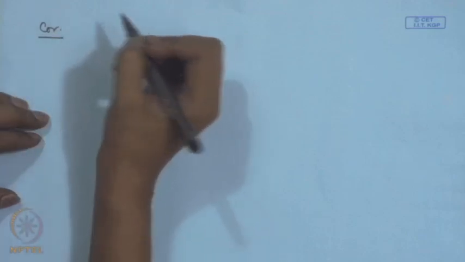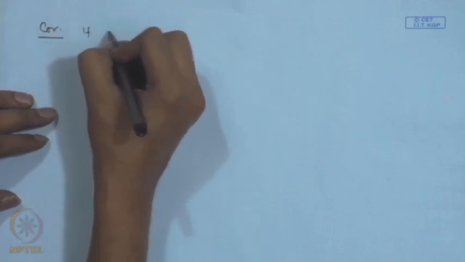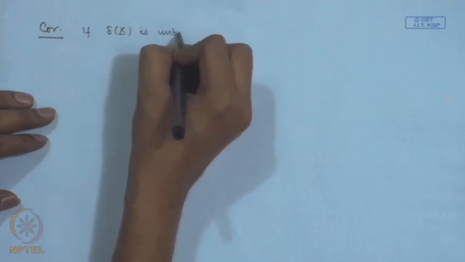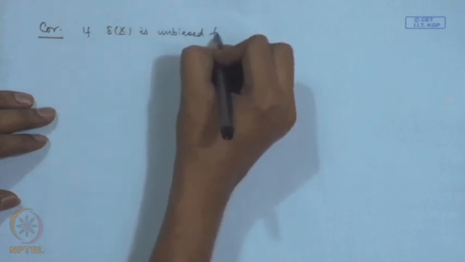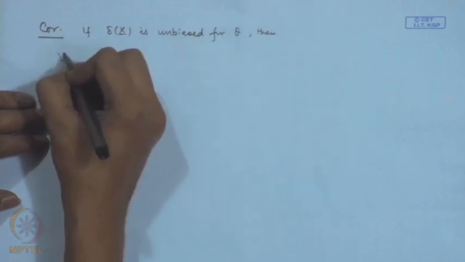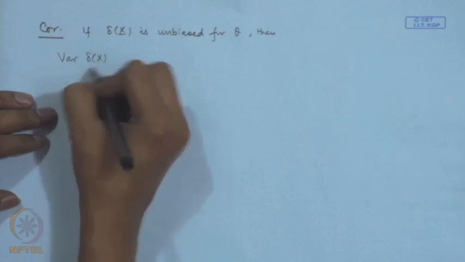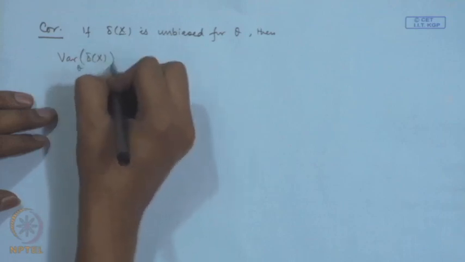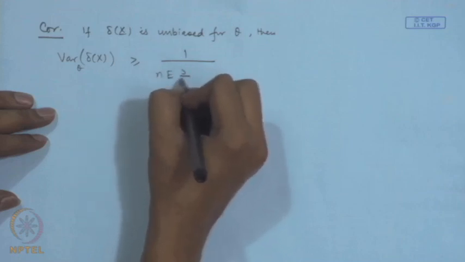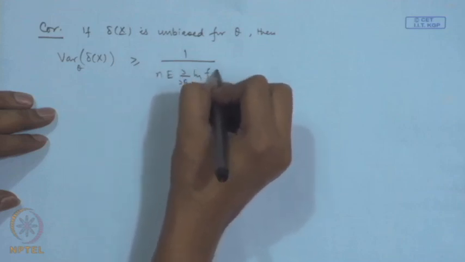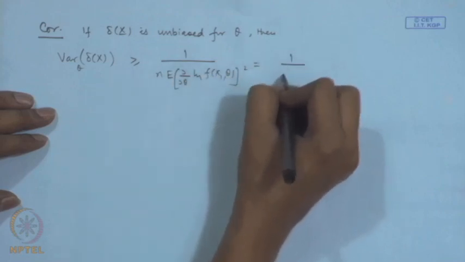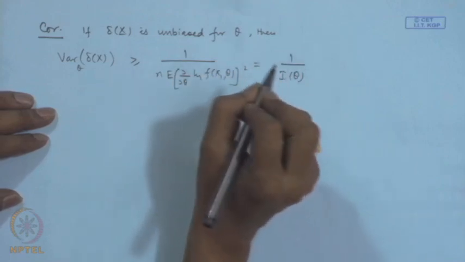As a corollary I write, if delta x is unbiased for theta, then variance of delta x is greater than or equal to 1 by n times expectation of del by del theta log of f x 1 theta whole square, that is 1 by I theta.